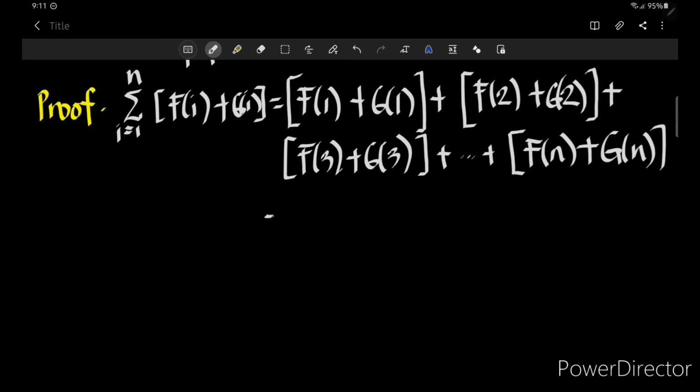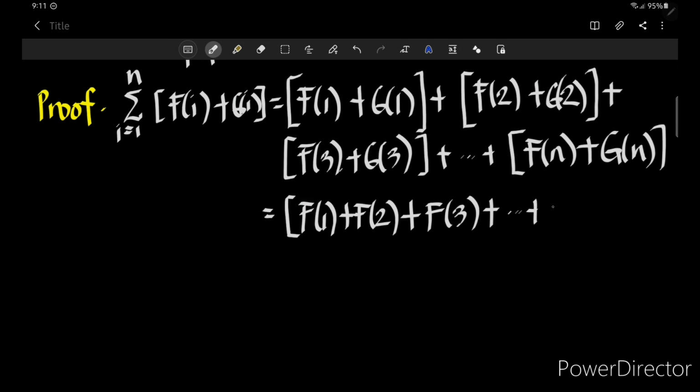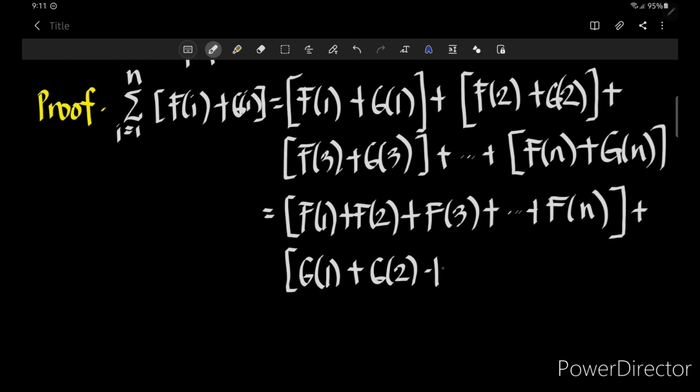So, pwede natin itong i-equate as f of 1 plus f of 2 plus f of 3 plus hanggang makakating tayo kay f of n. Okay? Then, ikulong natin sa bracket plus another set of bracket. At this time, ang nasa loob ay g. G of 1 plus G of 2 plus G of 3 plus hanggang makakating tayo kay G of n.